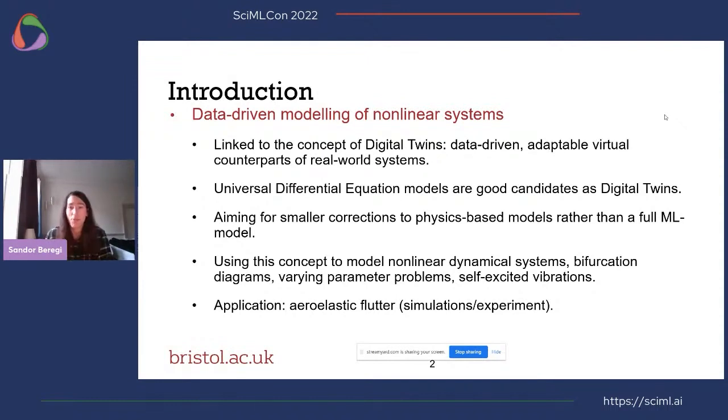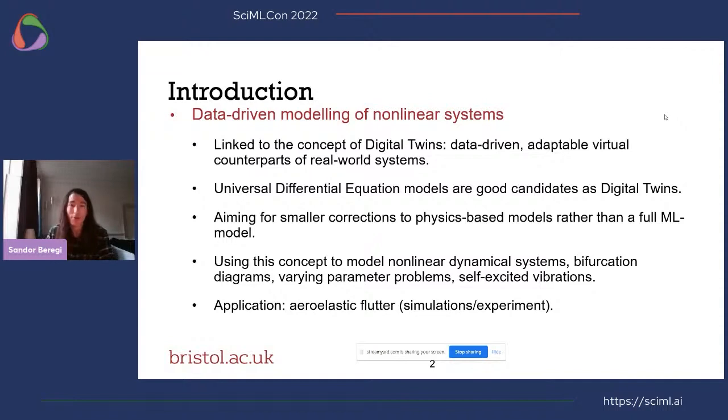And I would like to use these models for nonlinear dynamical systems, which is basically the broader area I do research in. So that's my background, which is essentially focused on systems undergoing so-called self-excited vibrations. And the main complexity with these kinds of systems is that they most typically lead to varying parameter problems that usually give an additional complexity to the training procedure.